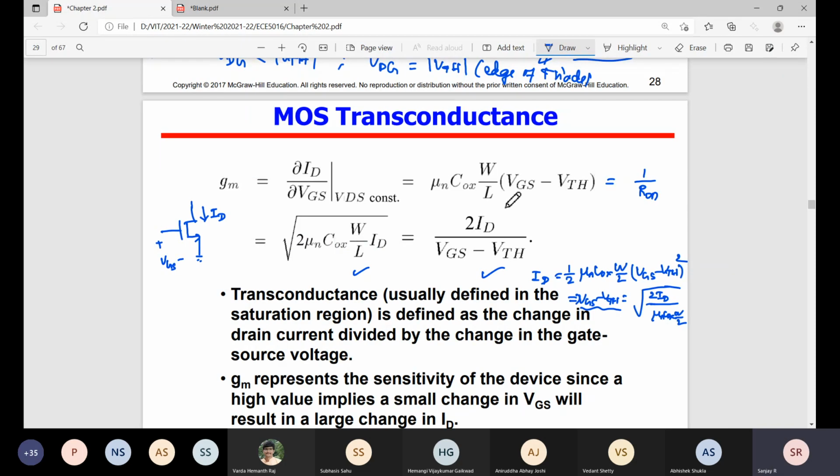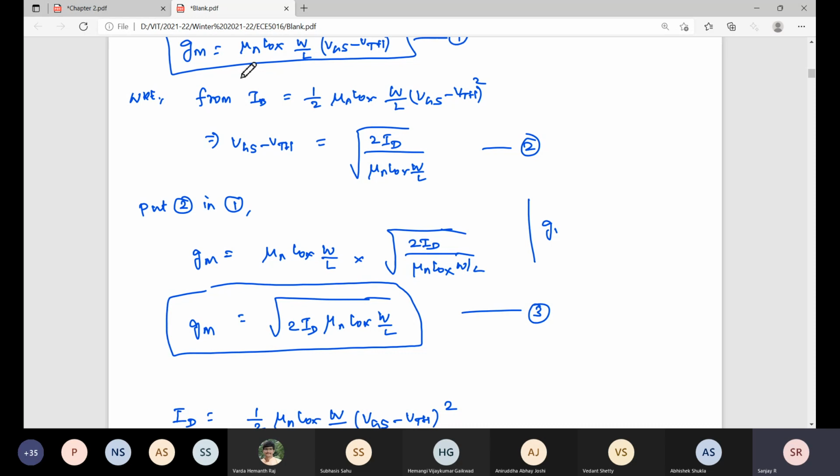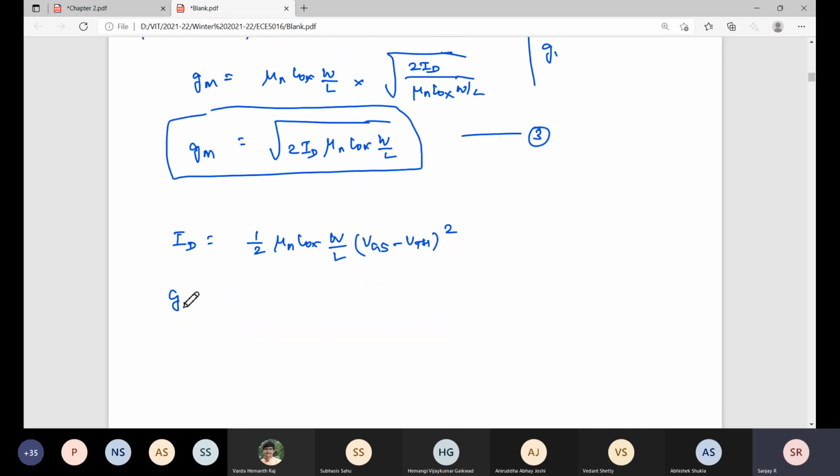Okay, let me try how to derive this thing. 2 ID divided by... okay, fine. So you know this expression, let me write here. gm equal to mu n Cox W by L (VGS minus VT). Fine.